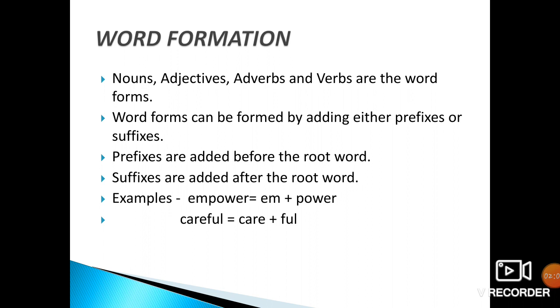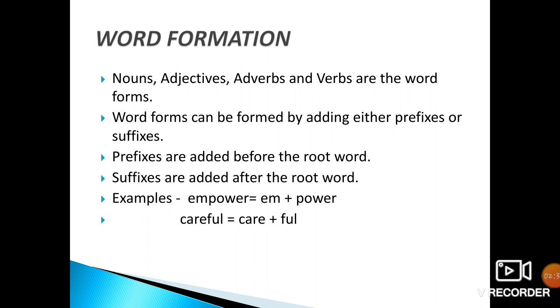See 2 examples I have mentioned here. First is empower. In this, power is the root word and em, that is m, is the prefix. Before power, em is added. Second example shows you careful.